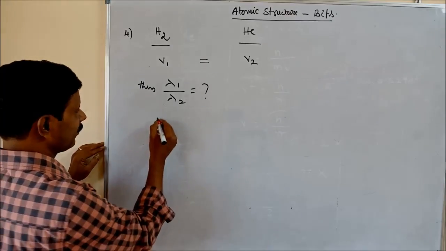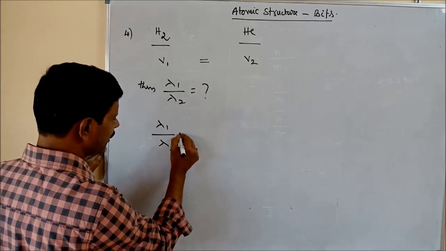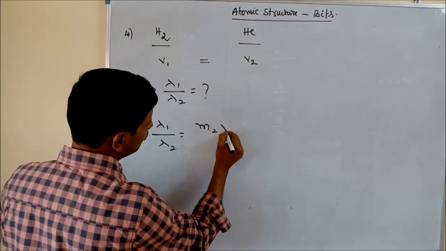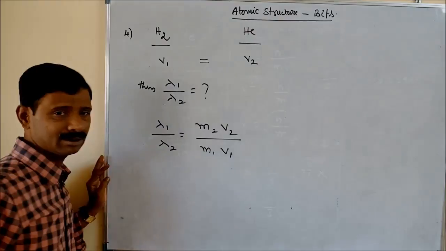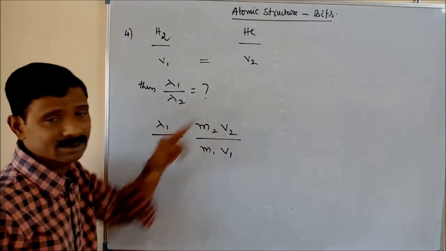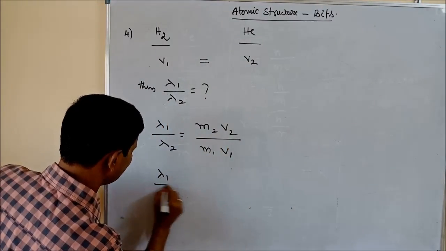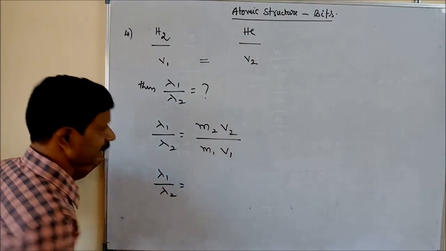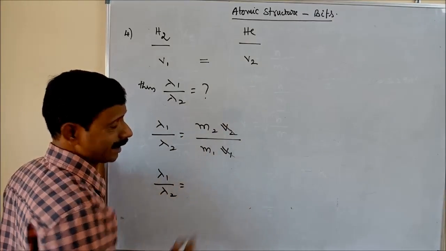Already we have one formula: lambda 1 by lambda 2 equals m2 v2 by m1 v1. This is the relation. Here lambda 1 is for hydrogen and lambda 2 is for helium. If you substitute, lambda 1 by lambda 2 equals m2 by m1, since velocities are the same and get cancelled.